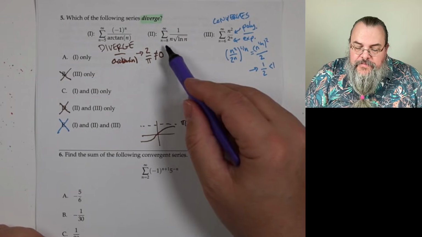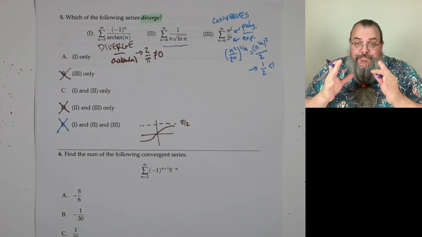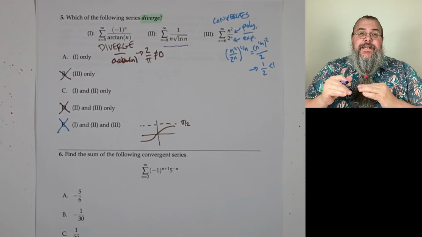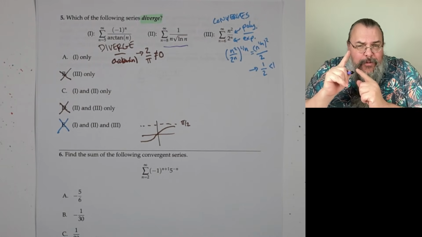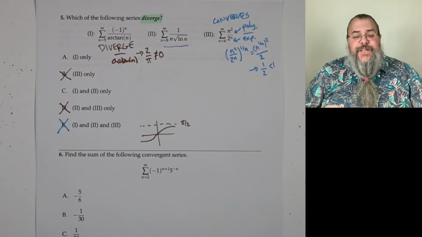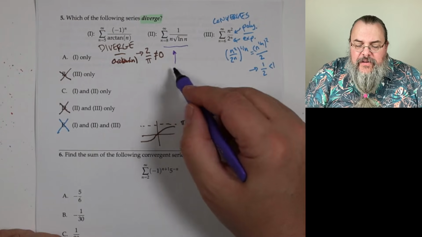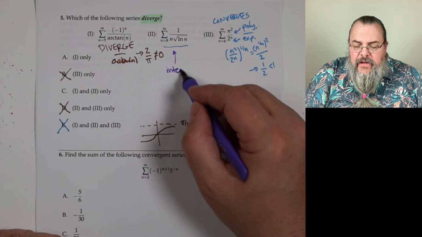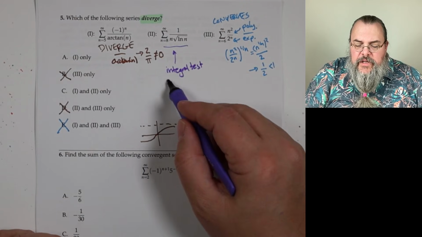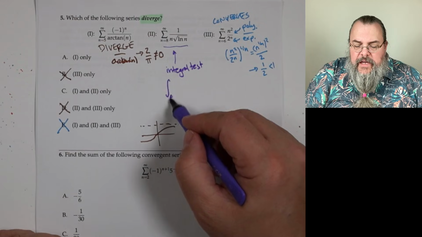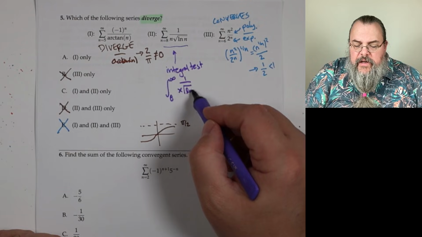Number 2. Now, number 2 is an interesting sum. It's kind of a classic sum because it's essentially the sum that one very particular tool gets used on. And this is the integral test. Okay, so what's going to happen here? Well, you're going to do the integral from 8 to infinity of 1 over x square root log x.